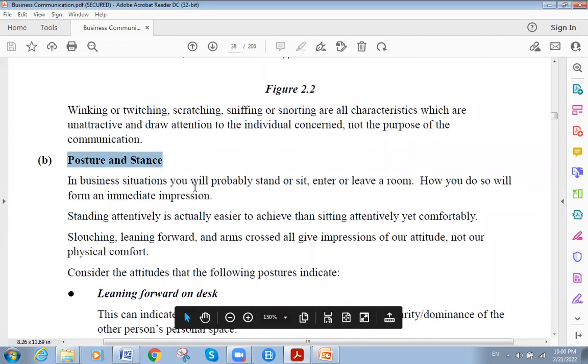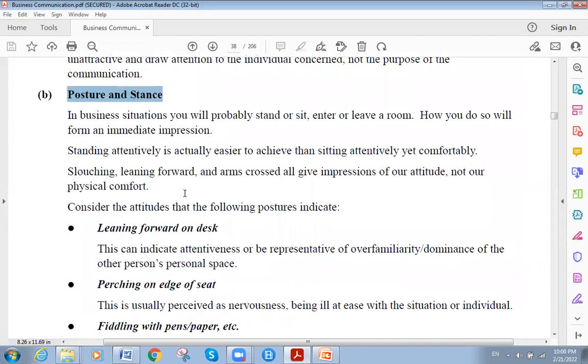Then postures and stance, also how you move. In a business situation, you will probably stand or sit, enter or leave a room. How you do so will form an immediate impression. The way you do this will give an impression if you are going very fast and looking nervous or whatever.